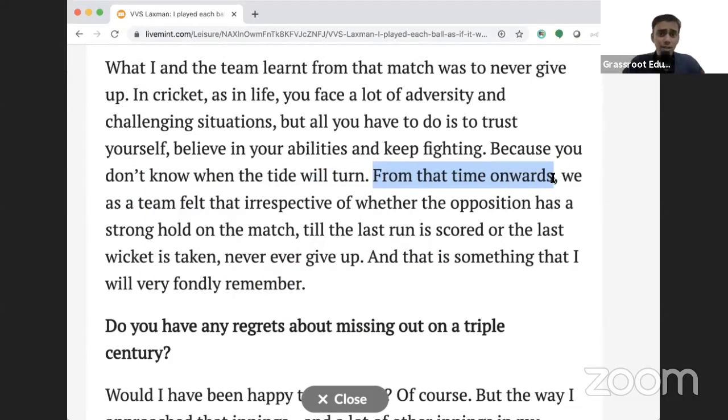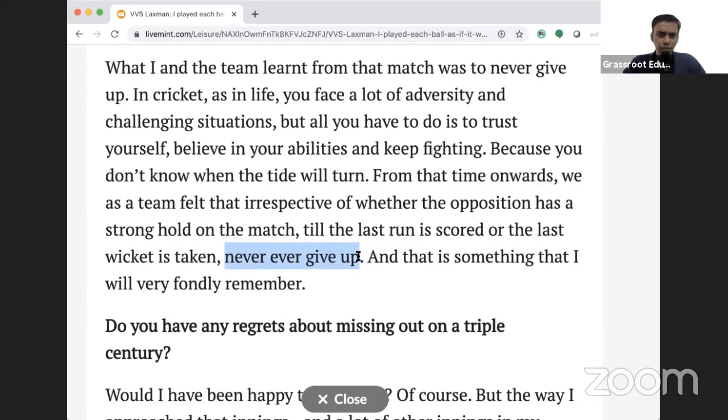From that time onwards, we as a team felt that irrespective of whether the opposition has a strong hold on the match, till the last run is scored or the last wicket is taken, never ever give up.